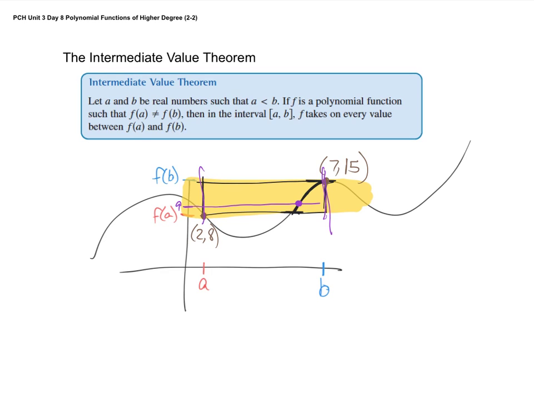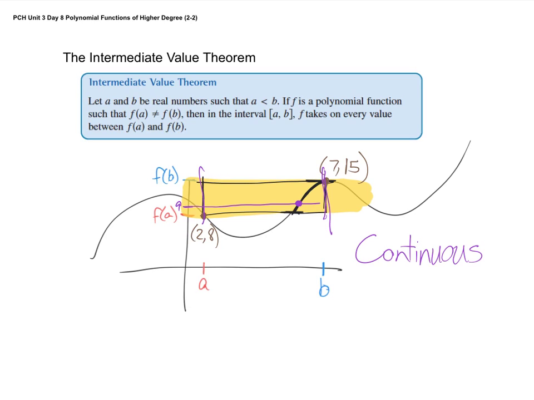And beyond that even, it's not just all real numbers, but the function is also continuous. The only way we could get from 8 up to 15, if it's continuous, is we've got to cover the whole ground between 8 and 15.